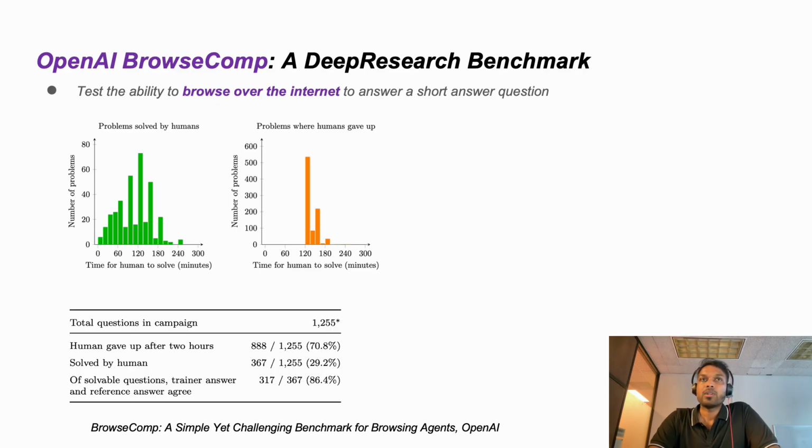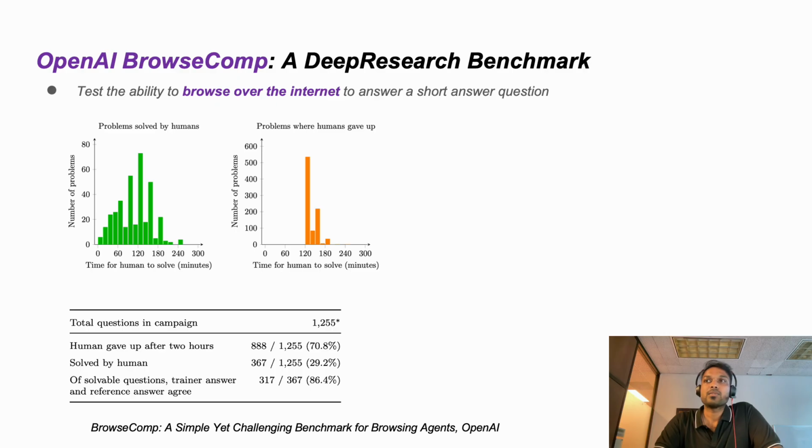What they did was pretty interesting. They asked annotators to start from a known fact or an answer and then work backwards to write a question that would be hard to solve but easier to verify. The annotators already knew the target answer, but they had to phrase the problem so that finding the answer would require persistent, creative web browsing rather than just a simple single-step search.